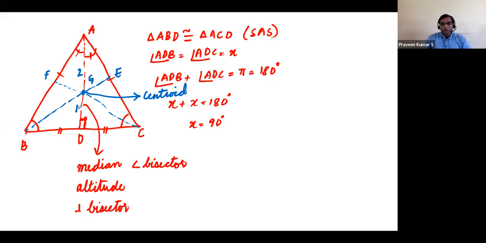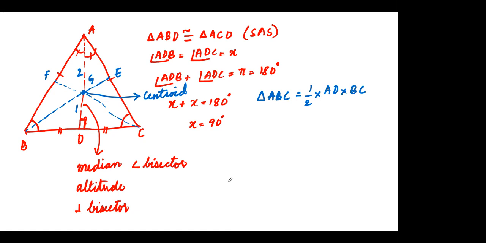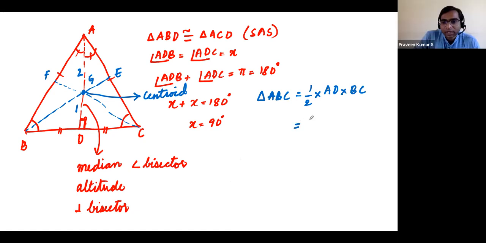Okay, so you should also be able to predict the dimensions of these. In this case, let's say you are calculating the area of triangle ABC, you will write half AD into BC. Am I right? Because AD is the altitude, it can act like the height. Yes, sir. Correct. So can I now say half, what is AD?